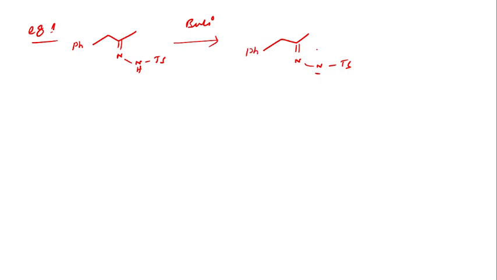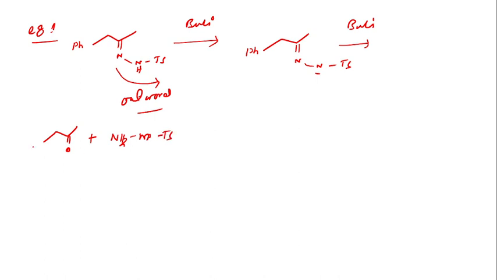Second step, again butyl lithium. You understand that this group is oriented in this manner, outward. If it is not given outward, then what will we do? Let's say it is not given in this manner. Let's think it is given like this, with NHTs.